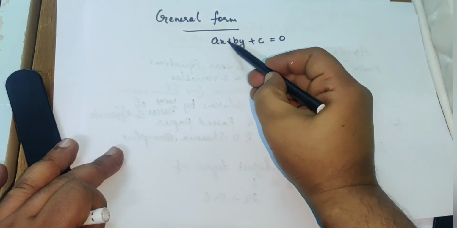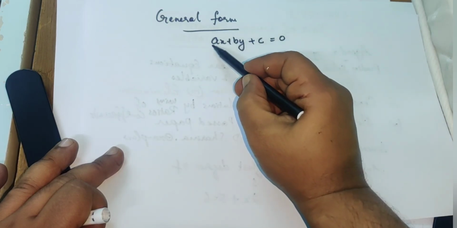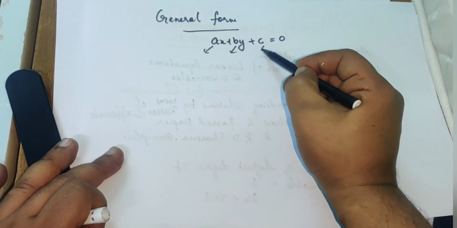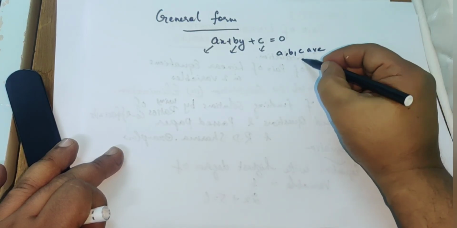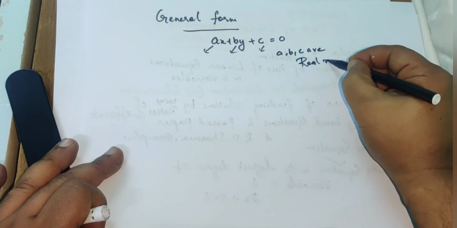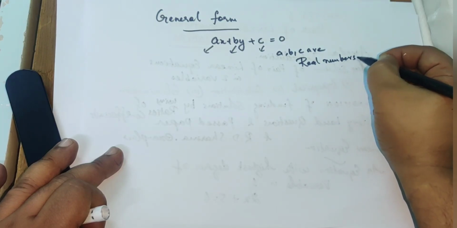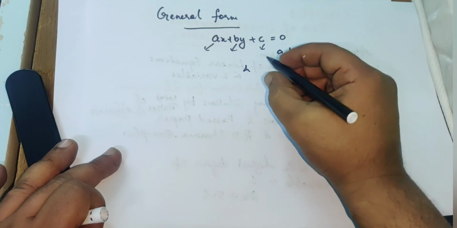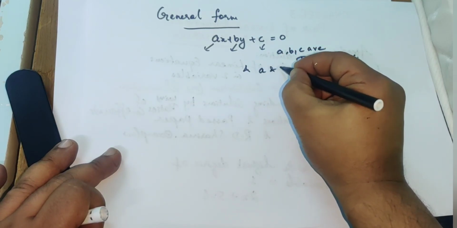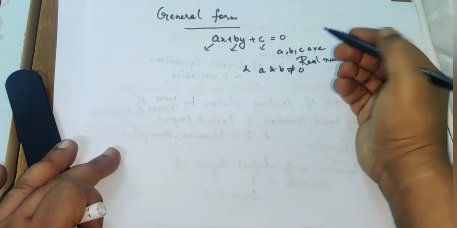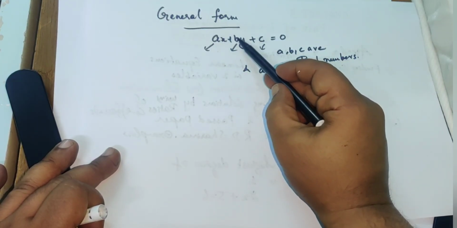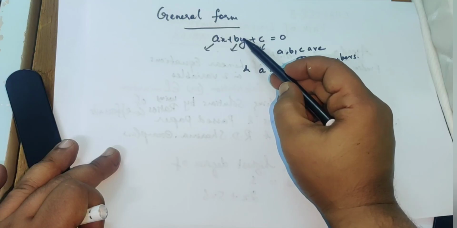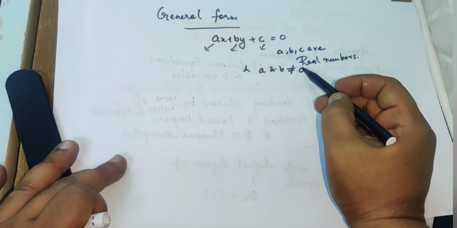Kindly note, ax plus by plus c is equal to 0, where a, b, c are real numbers, and a and b should not be equal to 0. If you keep a is equal to 0, x does not exist. If you keep b is equal to 0, y does not exist, which is why a and b should not be equal to 0.